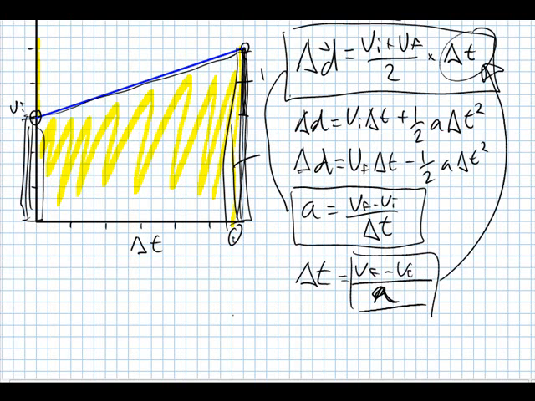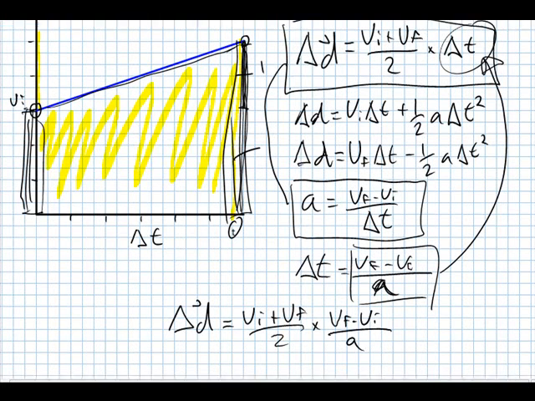So delta d, our displacement, is equal to vi plus vf over 2 times vf minus vi over a.